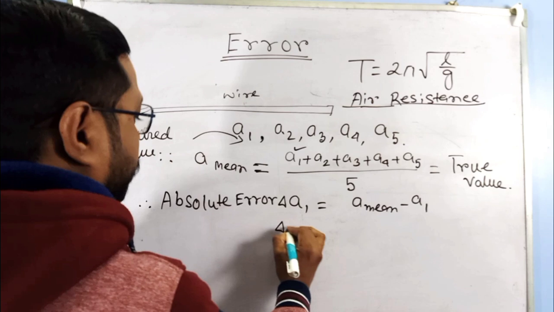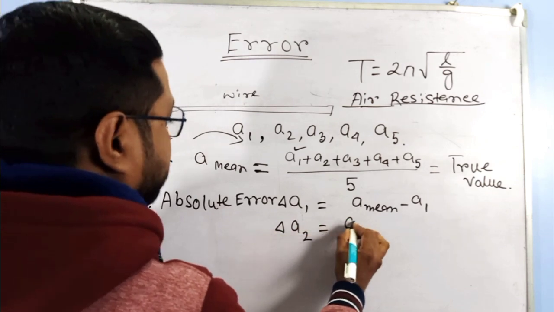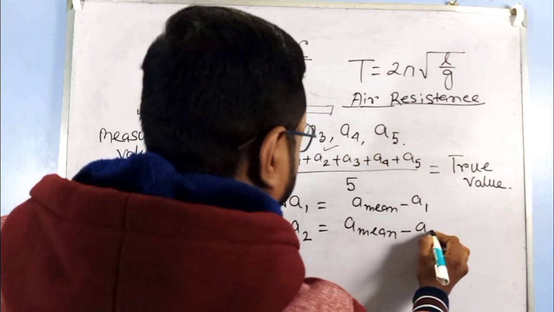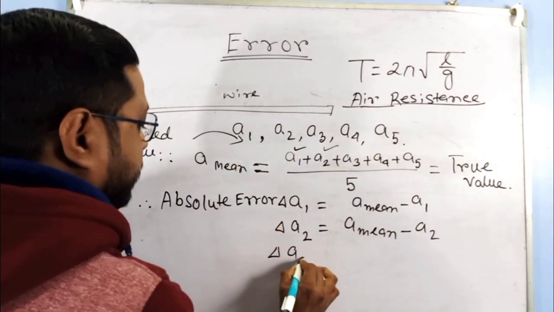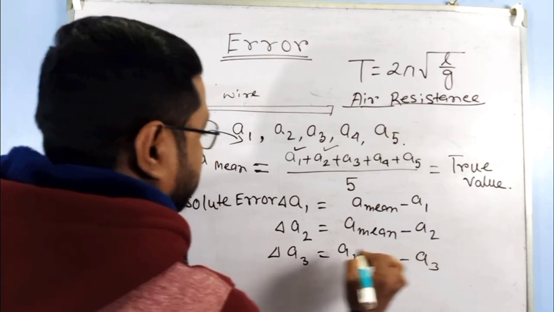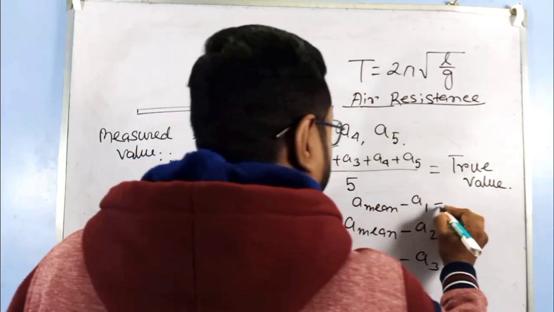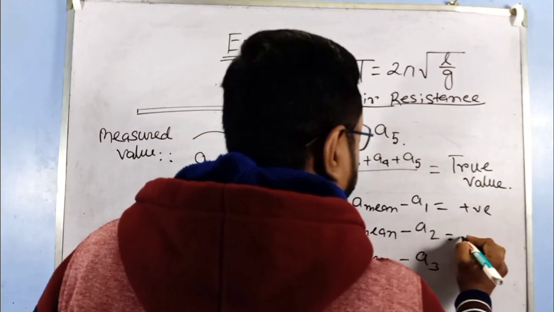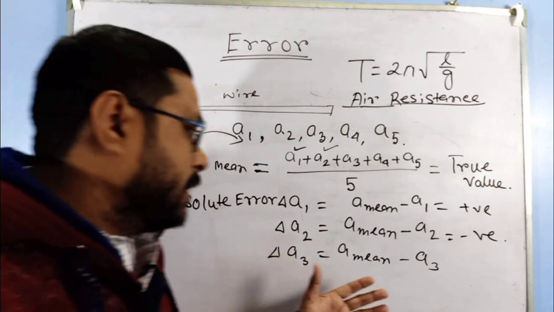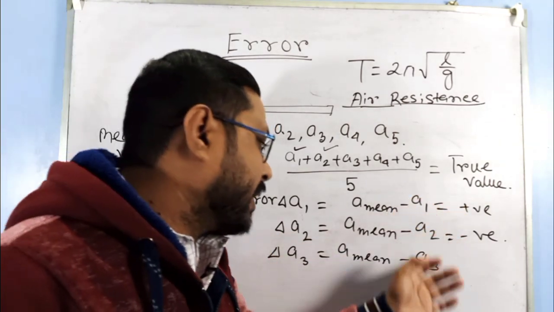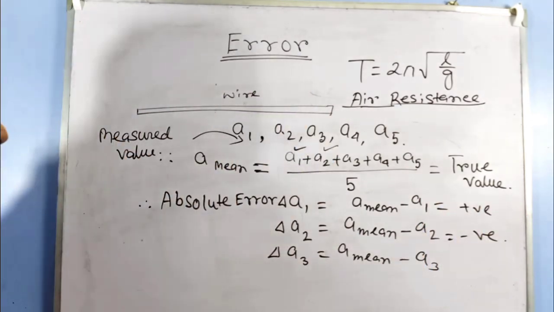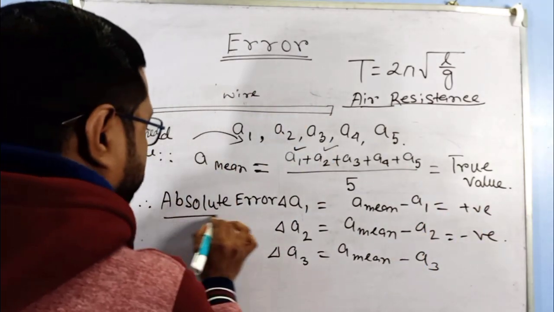Absolute error in A2 is delta A2, that is A mean minus measured value A2. Delta A3 is A mean minus A3. And this quantity can be both positive or negative. ऐसा बात नहीं है कि ये सिर्फ पॉजिटिव होगा या नेगेटिव होगा, because depending on the values of A1, A2 and the value of the mean, their difference may be positive or negative. Now this is absolute error.